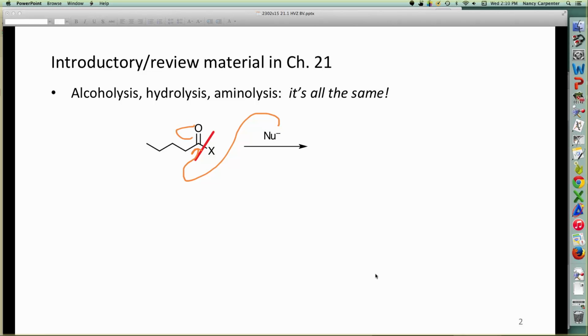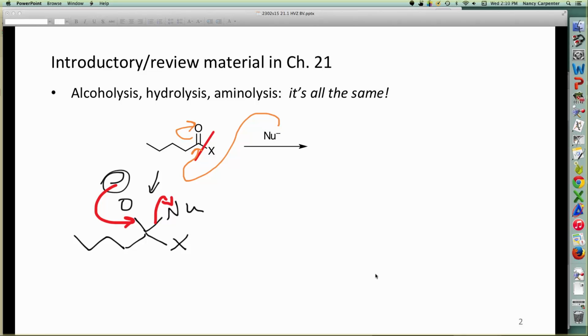Attack of the nucleophile at the electrophilic carbon. That makes the tetrahedral intermediate. And to regenerate our carbon-oxygen double bond, we don't do that. That's certainly possible, and in fact that's why this is a reversible step.